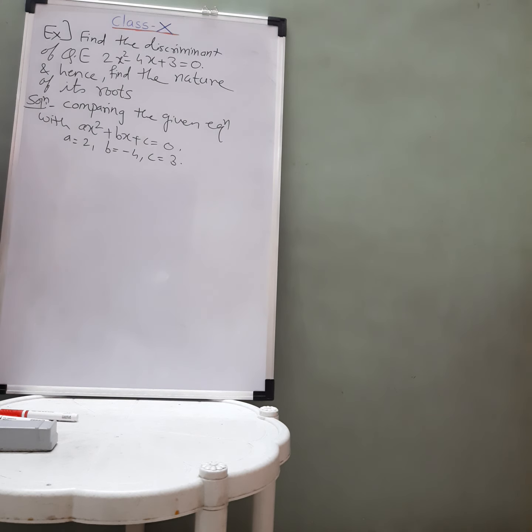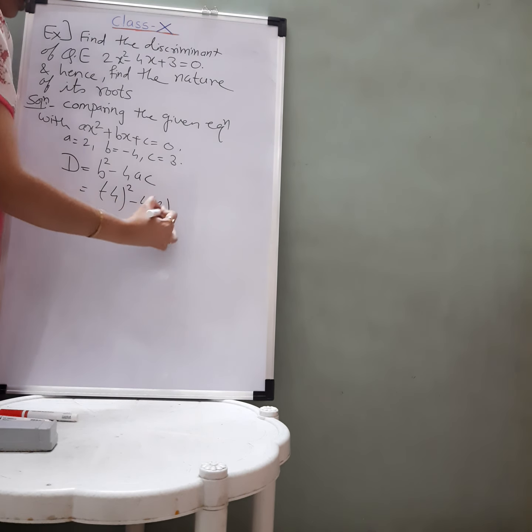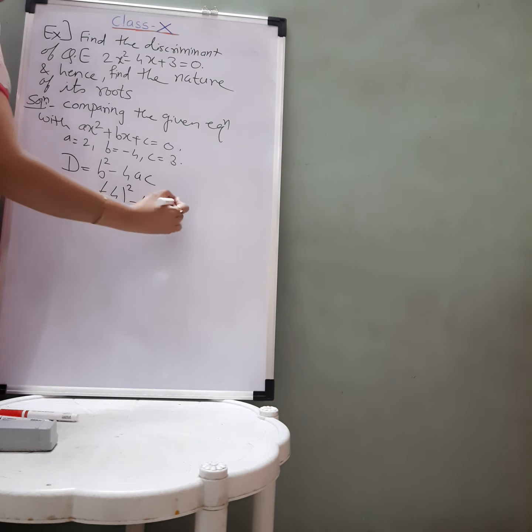Now find the discriminant. D is equal to b square minus 4ac. Here b is minus 4, so minus 4 square minus 4 into 2 into 3.